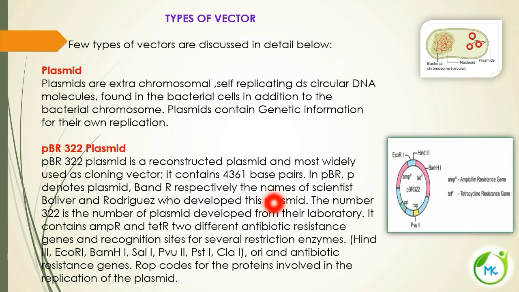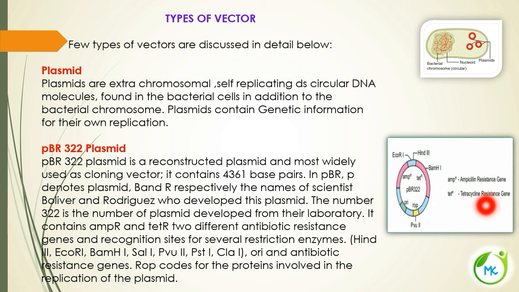So it is having antibiotic resistance genes for two different antibiotics. One is for ampicillin and the other one is for tetracycline. So AmpR and TetR. This capital R stands for resistance gene. Ampicillin resistance and tetracycline resistance.